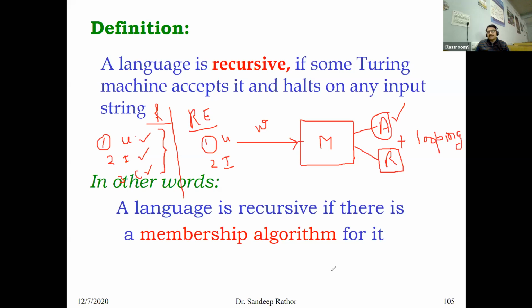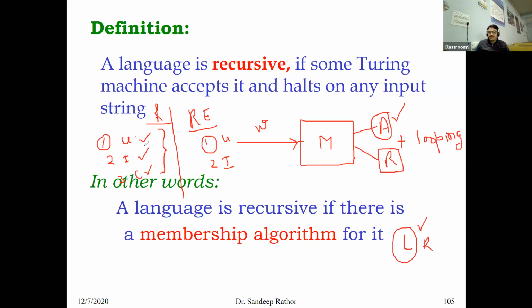Suppose a question is given to you that a language L is recursive, and you have to prove that the complement of L is recursive. We know from the closure property of recursive languages that the complement of a recursive language L is also recursive.